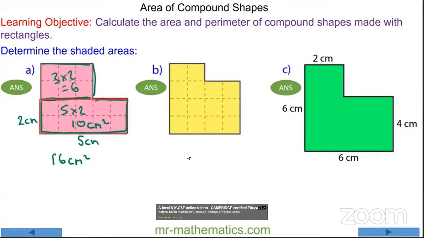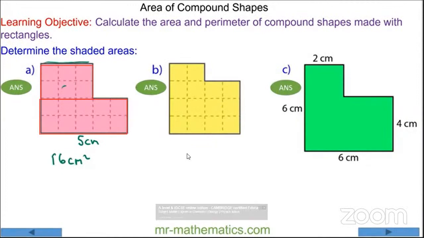Another way to see this shape is not as two rectangles put together, but as the difference of two rectangles. So we have a bigger rectangle here with a base again of 5, but now a height of 4 centimeters.